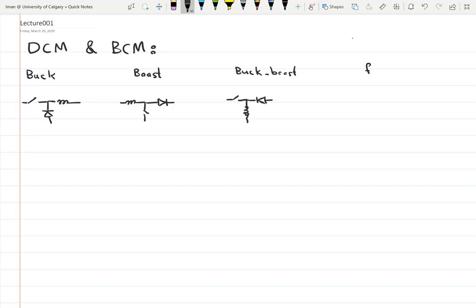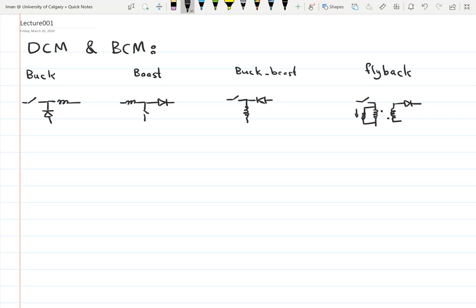And for flyback, which is essentially the same as the buck-boost, if we had the polarities as negative, we would have something like this.